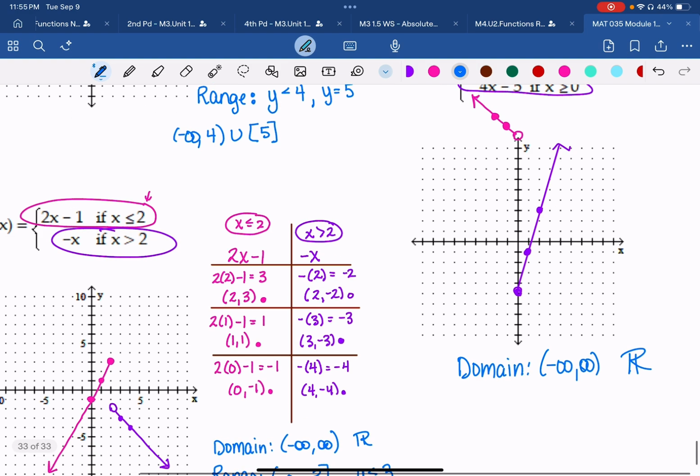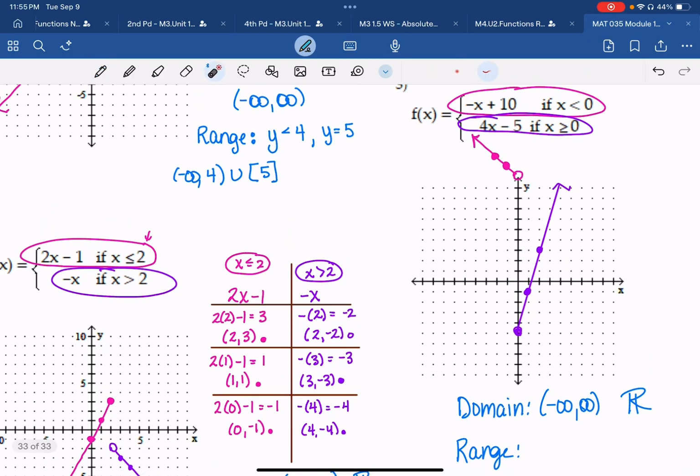Okay, now you gotta look at the range. So our range, definitely not all real numbers because there's nothing down here. Right? Our range doesn't start until right here. And so that's 1, 2, 3, 4, negative 5. So at negative 5, I start with y values. And then I'm good.